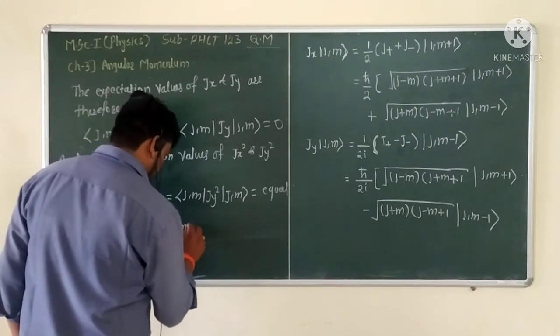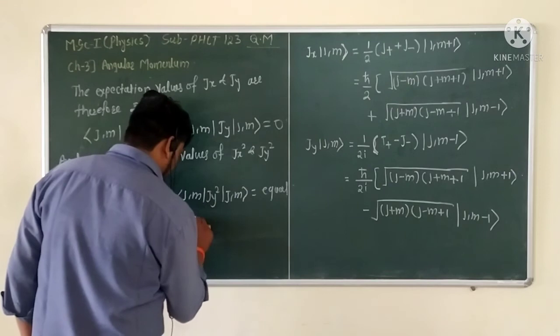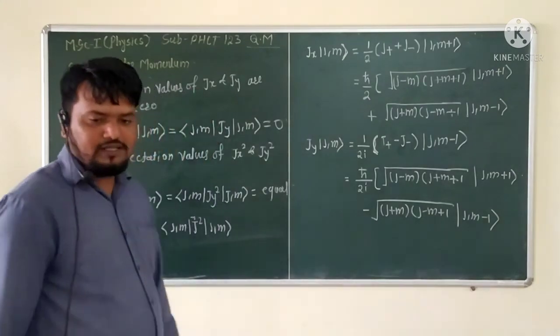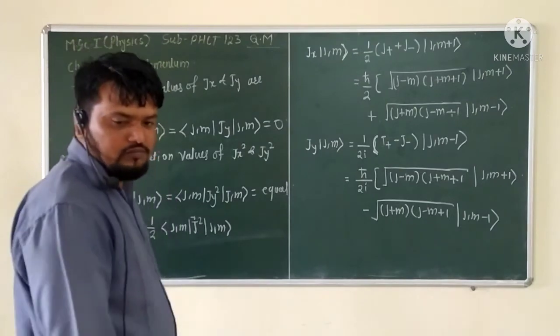J comma M, J square, minus J comma M, Jz square.